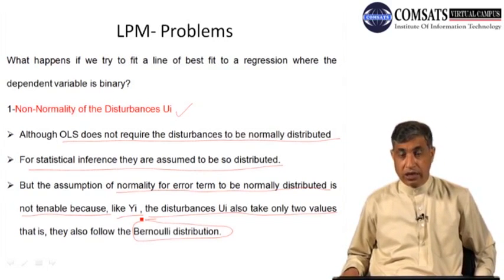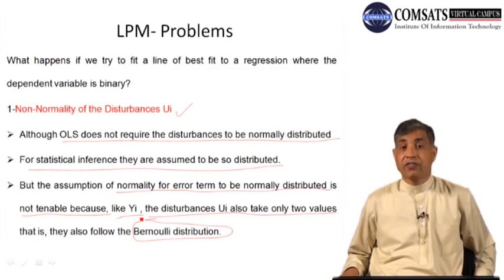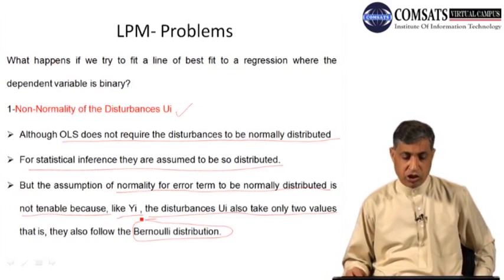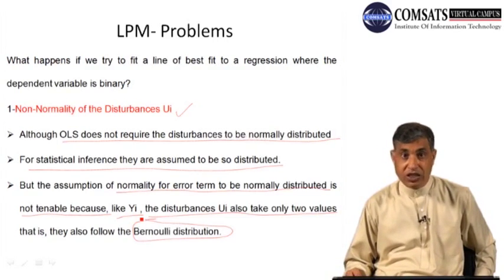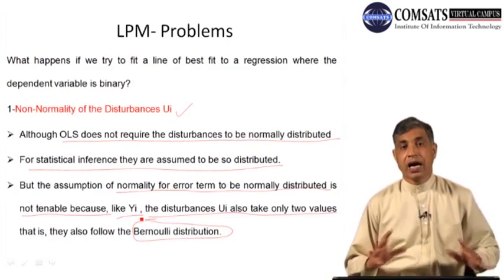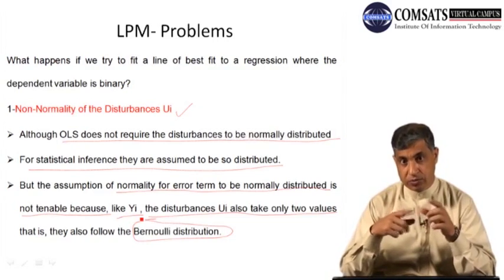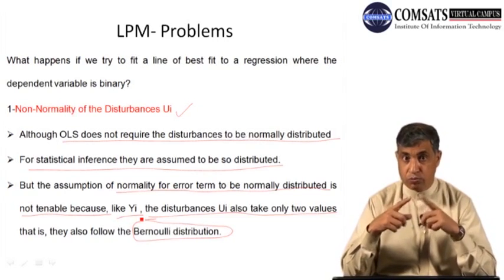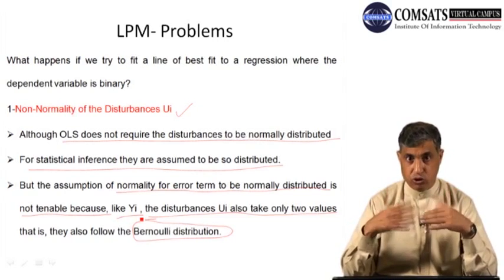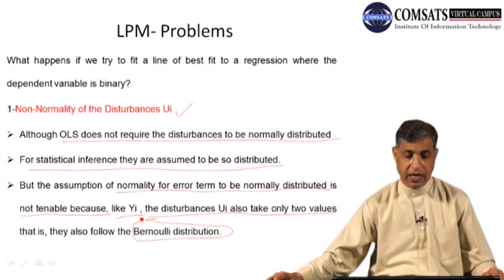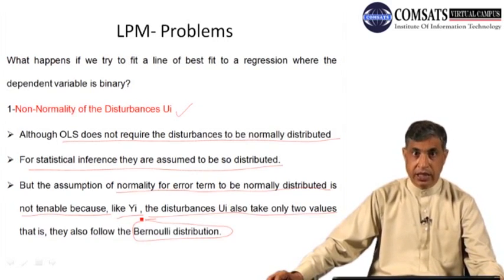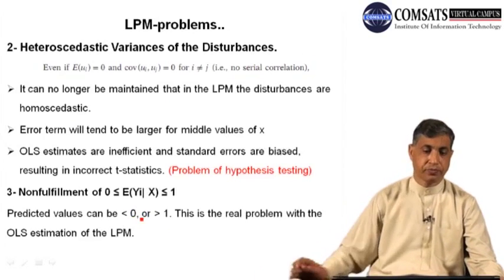Although it is not an assumption of OLS, for statistical reasons and simplicity we assume that this is normally distributed. And this assumption is not easy to comprehend, because if your dependent variable only changes between two restricted values, your error term is also bound to take two values, and this has been explained by the Bernoulli distribution. I have explained the T distribution and the Z distribution. If you are interested in the Bernoulli distribution, you can go to any source.